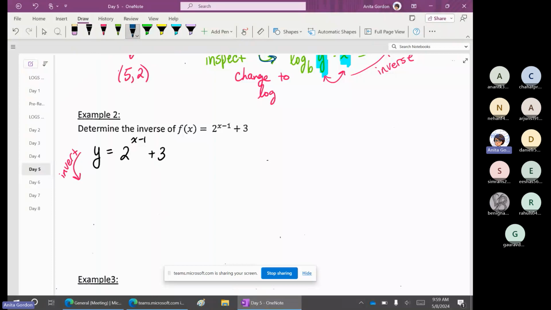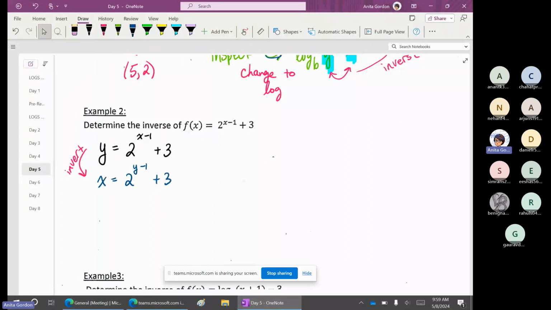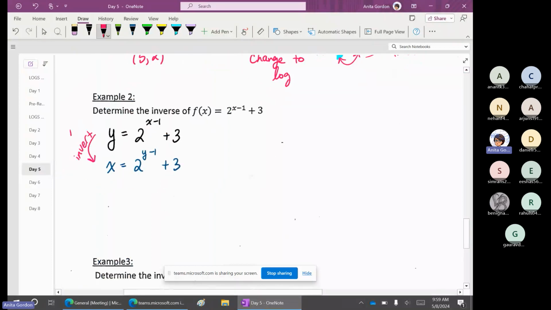Invert means swap the positions of the x and the y. So I'm going to write x here equals 2 to the y minus 1 plus 3. Okay, so step 1, I'm going to invert it, so swap the positions of the x and y. And then step number 2 is isolate y, which means solve for y. Make it a y equals equation.